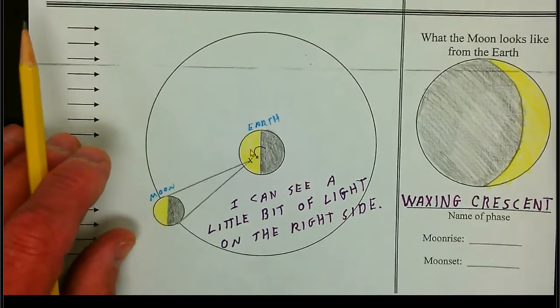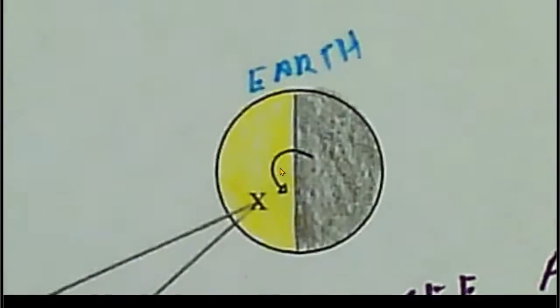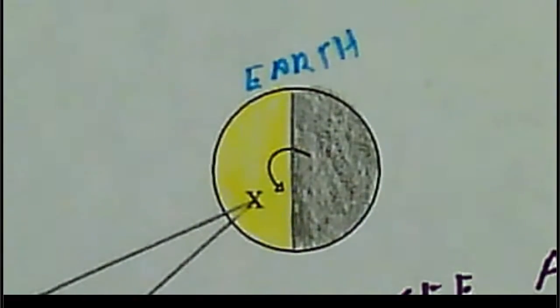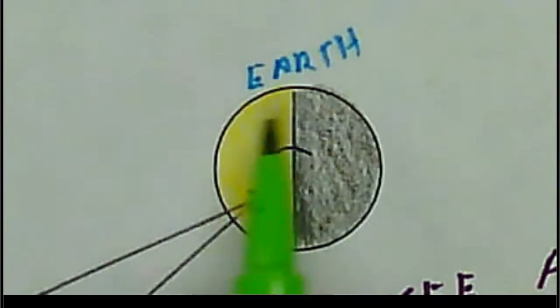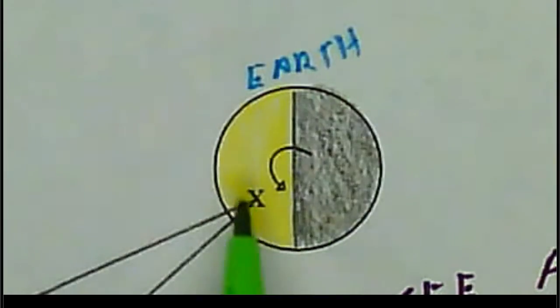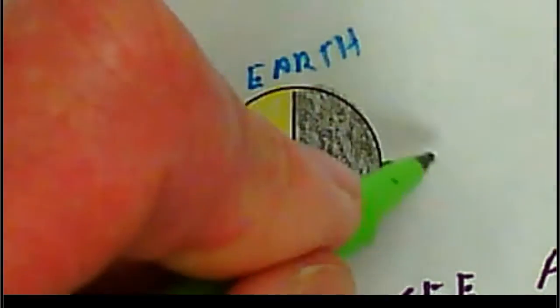Let's take a little bit closer look at the Earth. And I'm going to draw some of the times on the Earth. As the sun shines on the Earth and we rotate around, we rotate through daytime and nighttime. Right here would be the middle of the night, or 12 midnight.